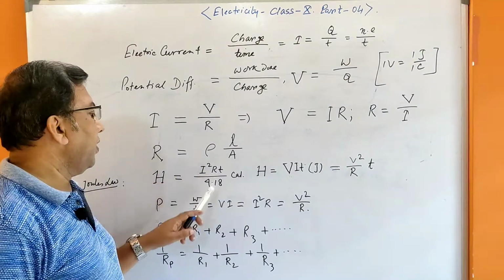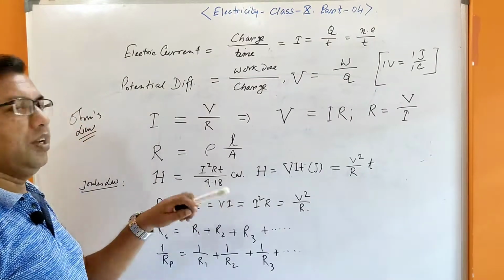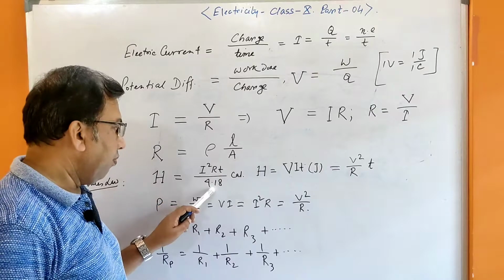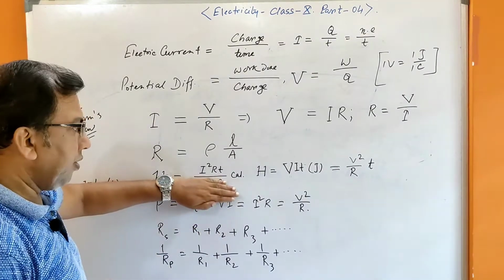Now from Joule's law, H equals I square R T joule, or if you convert to calorie, I square R T by 4.18 calorie. If it is in joule, then it will not be there.